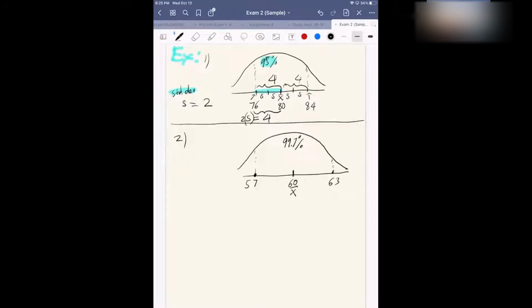All right, so can you guys tell me what is the standard deviation in this case?